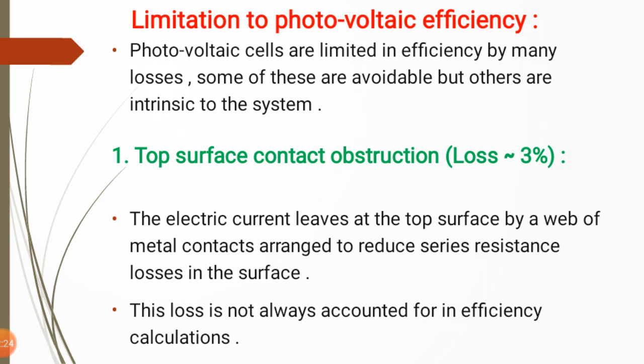So these are all intrinsic parameters which affect the photovoltaic efficiency.